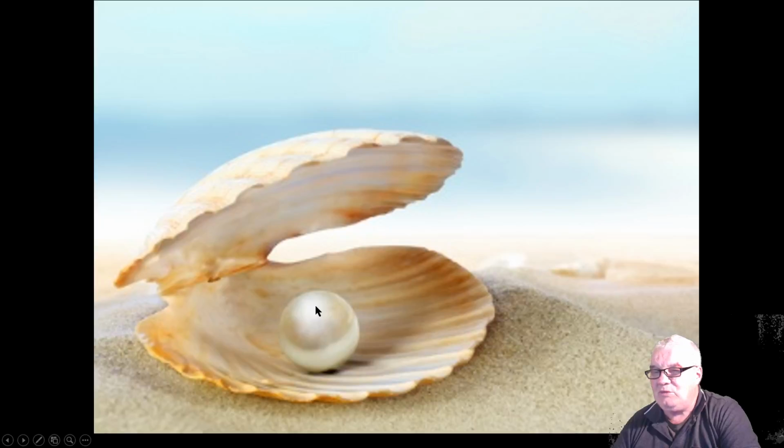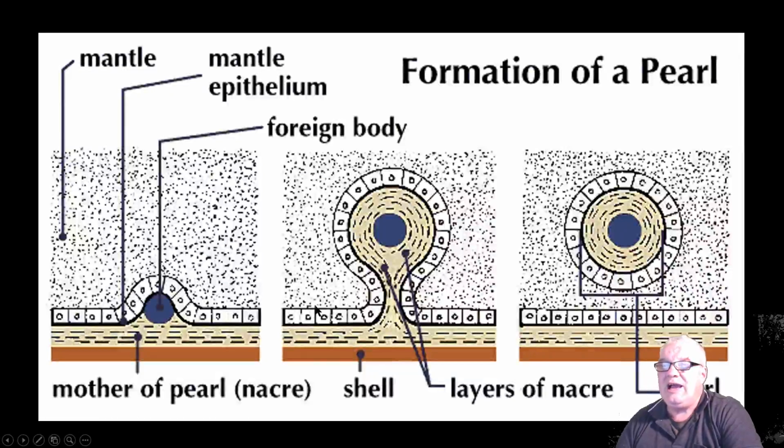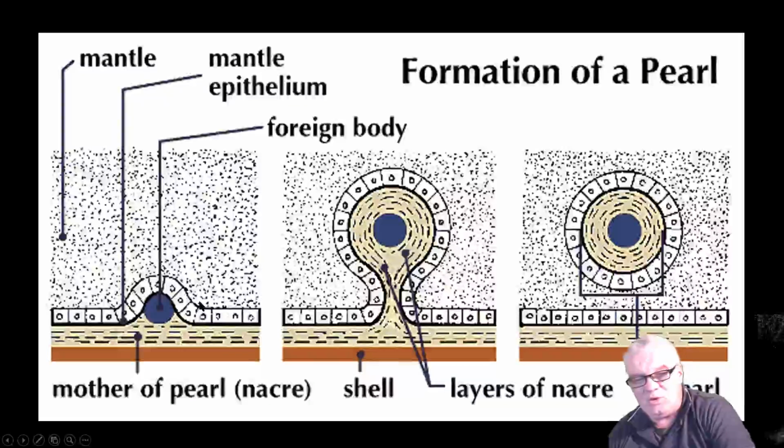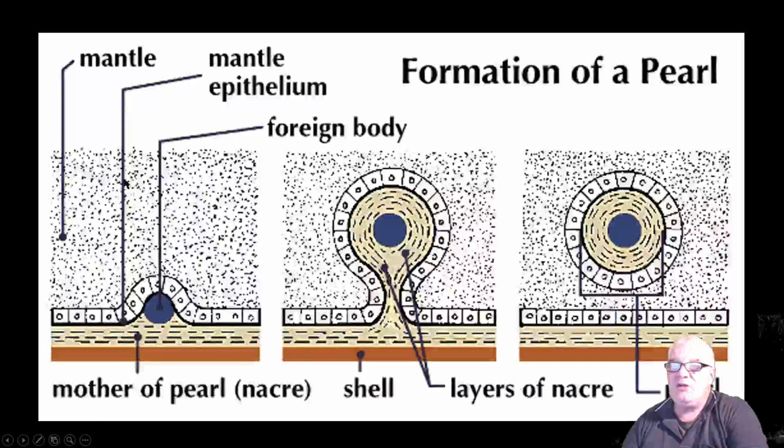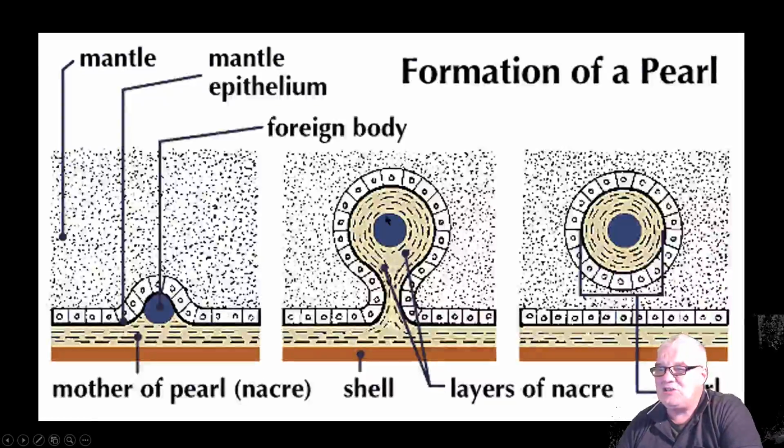However, when we look at the way that pearl forms, it can happen naturally or in what they call farmed pearls as well. So a foreign body or a little bit of grit gets into the oyster, and the oyster puts layers of stuff around it to try and isolate it.